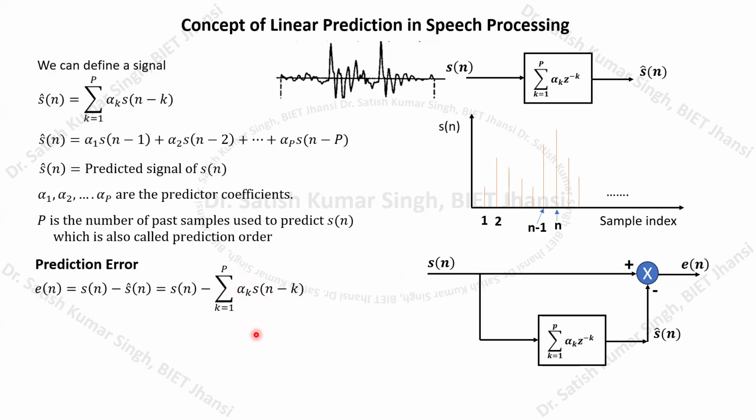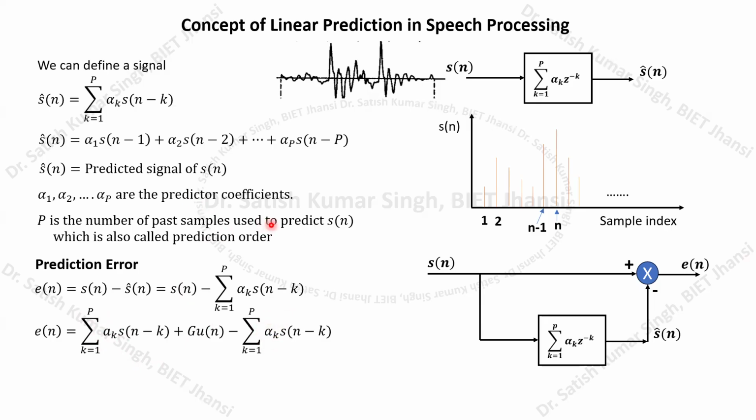Now, if you remember how we defined Sn for the speech sequences, it can be written as the sum over k equals 1 to p of ak s into n minus k plus G into Un. Here ak denotes the filter coefficient of the digital filter, and alpha k denotes the predictor coefficients.